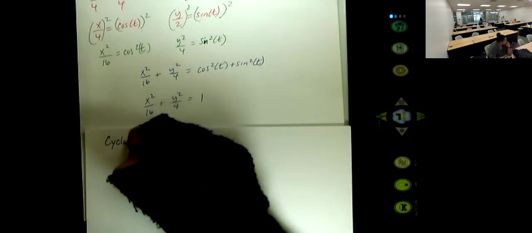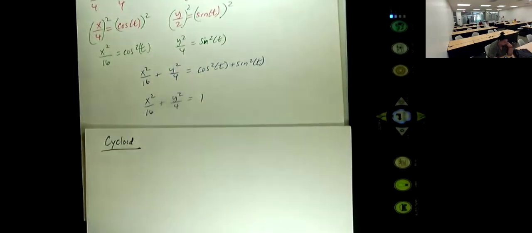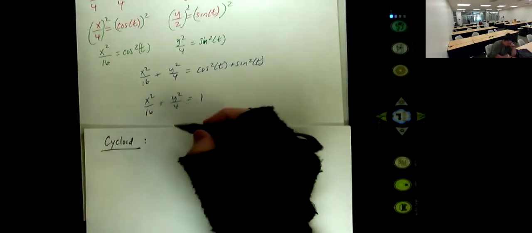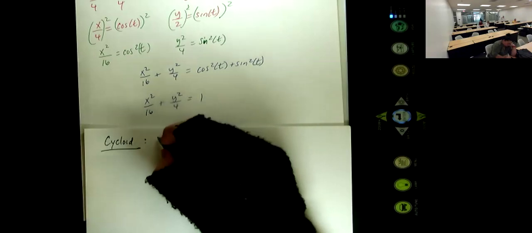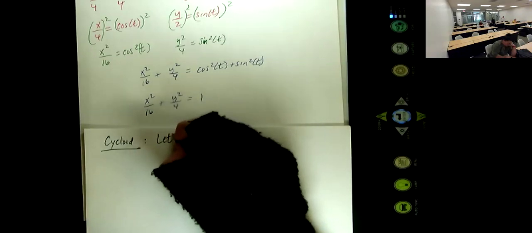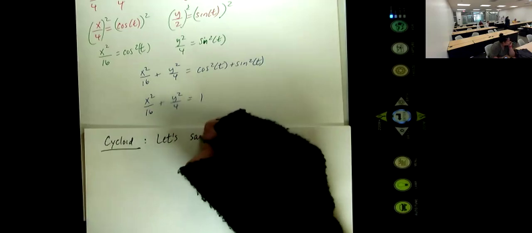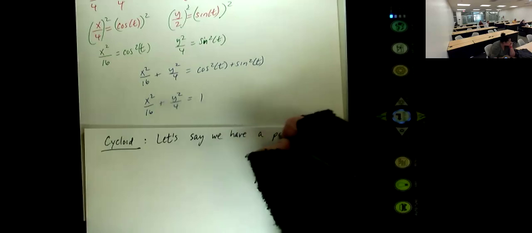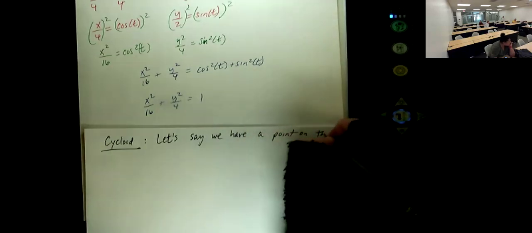Cycloid. Let's say we have a point on a wheel, on the edge of a wheel.